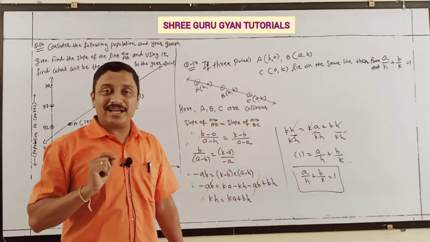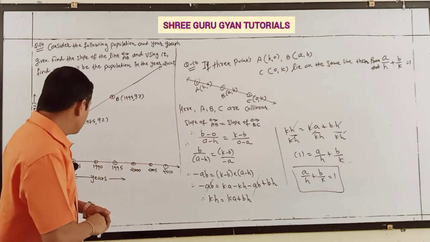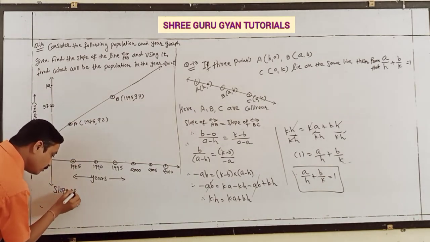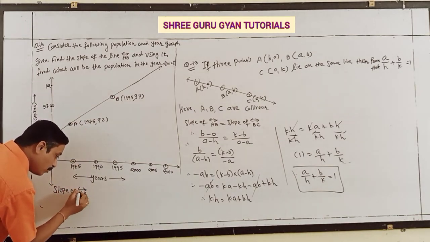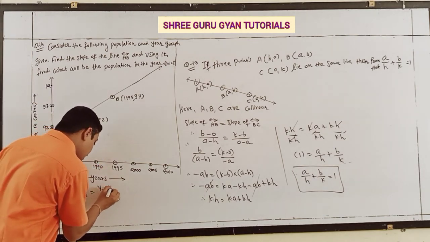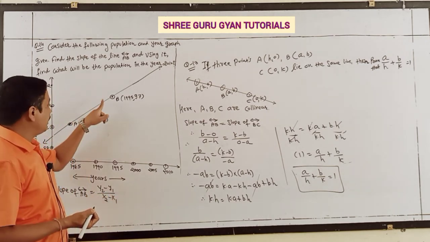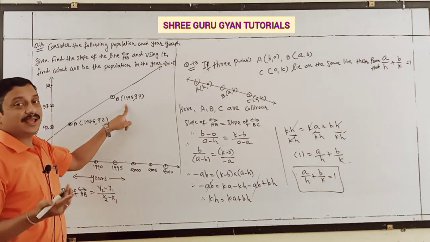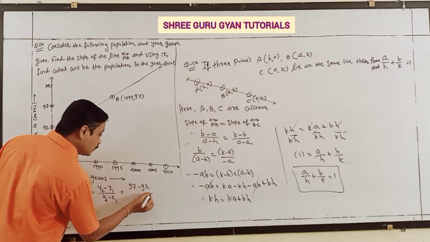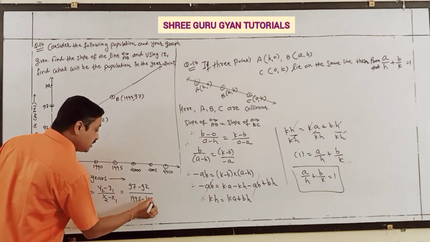After I explain, first of all I explain only the slope of line AB. The formula you know: if two points are given, then y2 minus y1 by x2 minus x1. Consider A as (x1, y1) and B as (x2, y2). So your data is 97 minus 92 upon 1995 minus 1985.